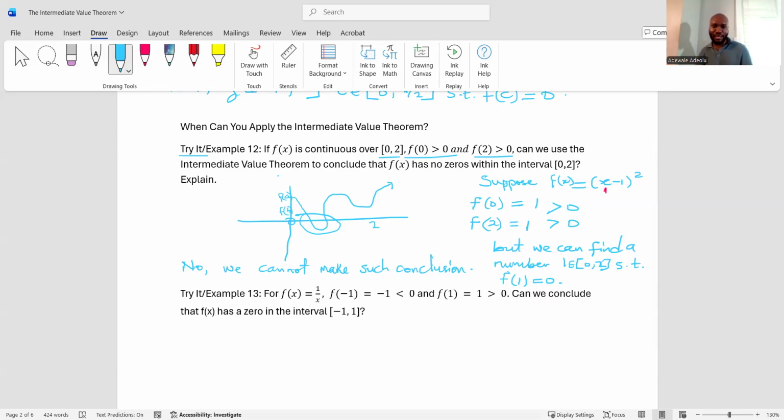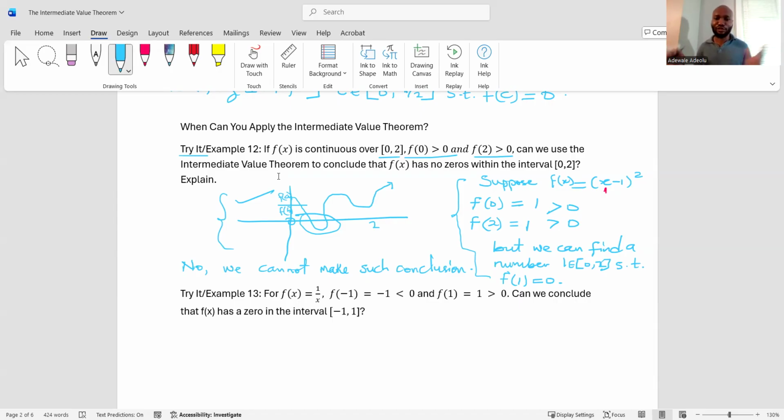And you can see from my graph here, I also showed you one where I can have a 0, even though f of 0 is greater than 0 and f of 2 is greater than 0. A question you might have is, teacher, is it enough to use something like this to prove? Yes, it is enough. This is enough for you to prove that you cannot use IVT in that situation.